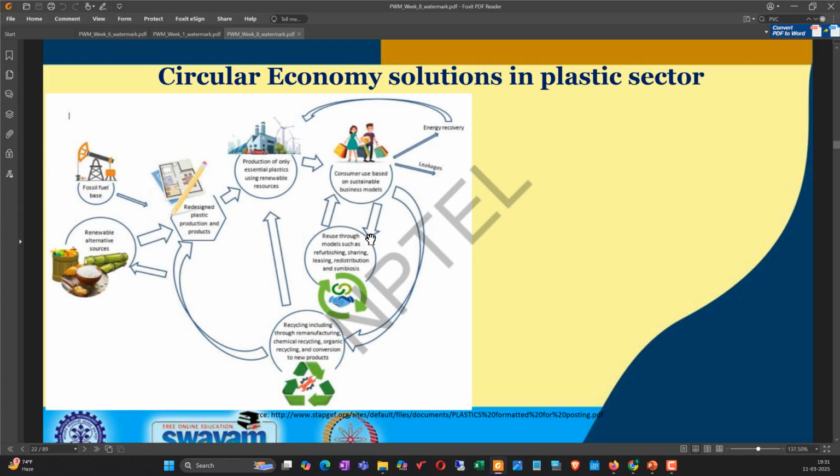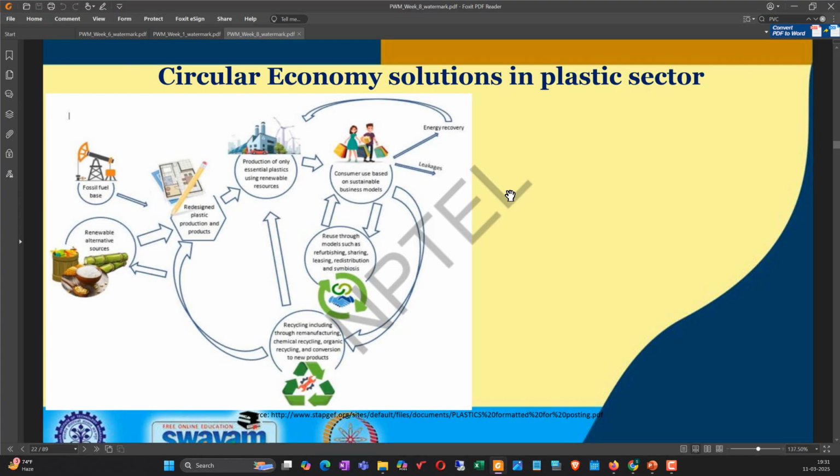So here, if you see, there is reuse through models such as refurbishing, sharing, leasing, redistributing, and symbiosing. And the last one is recycling, including through remanufacturing, chemical recycling, organic recycling, and conversion to new products, right?